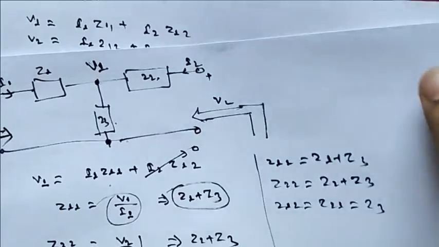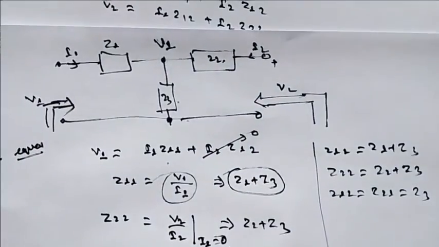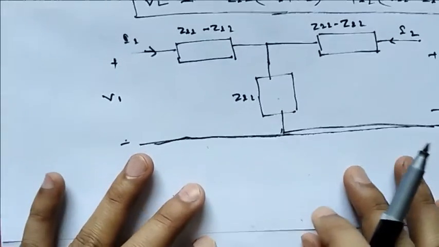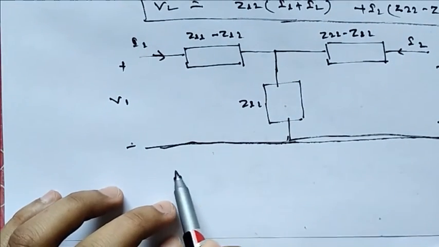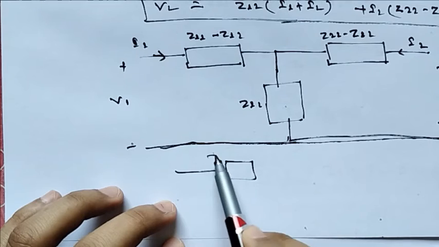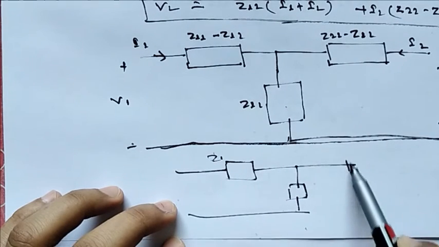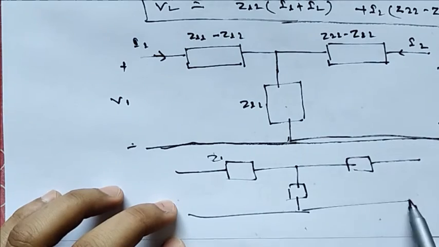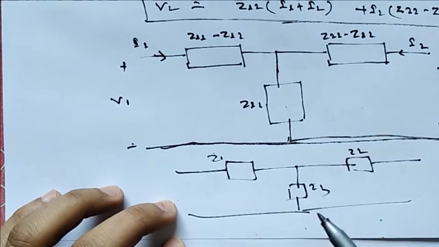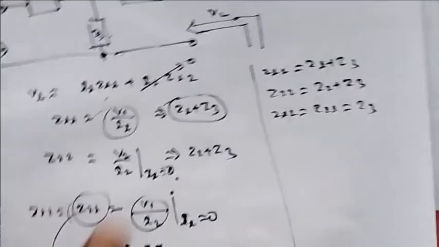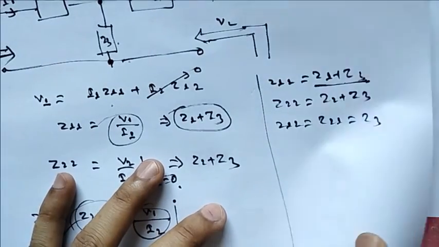Now if I compare what we have derived with the problem that I have taken, this is your Z1, this is your Z3, and this is your Z2. Then we have calculated the result that Z11 will be Z1 plus Z3.